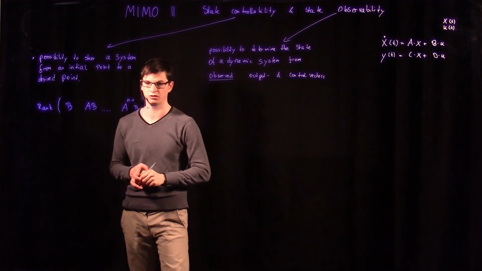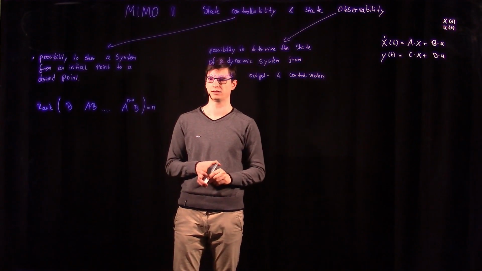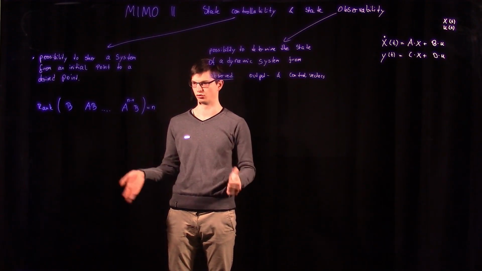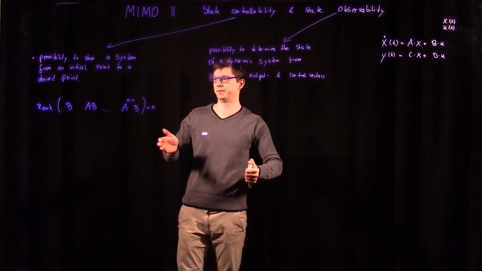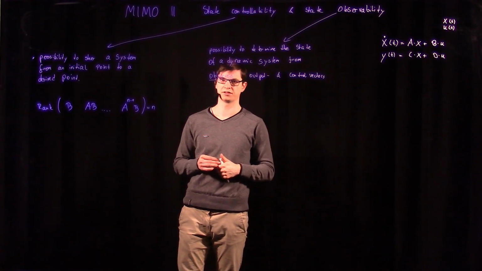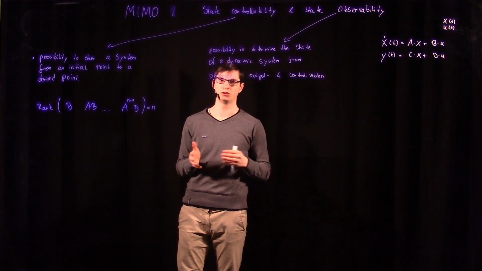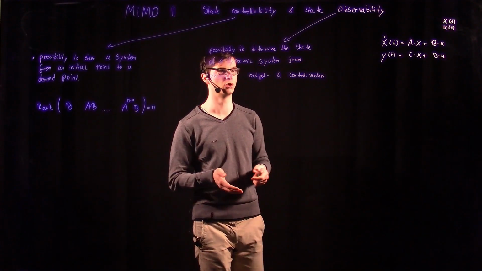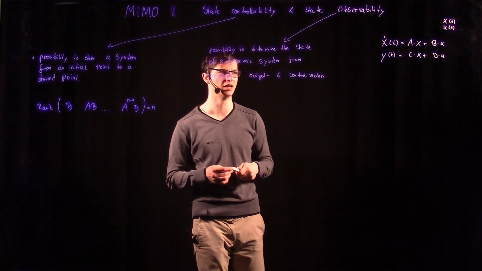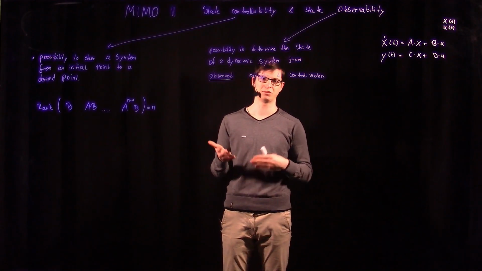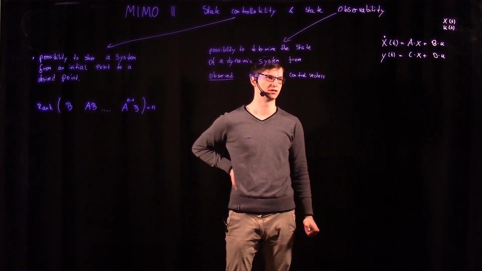When this rank condition holds, we can say that the state is controllable. What does this answer mean? It says nothing about how to do it, or how easy it is to control the system at that point. It just says it is controllable. That might be a bottleneck of this definition.